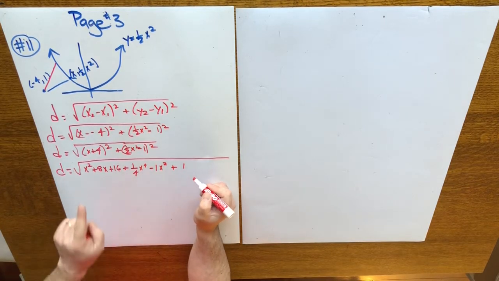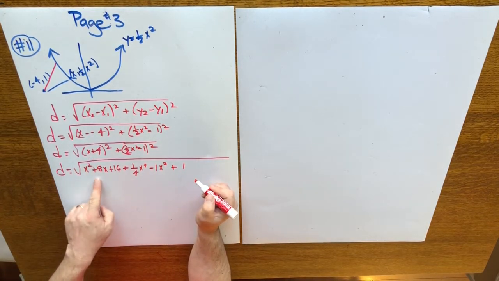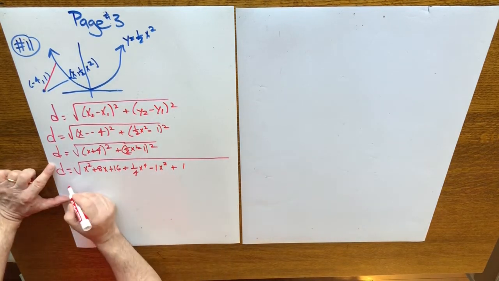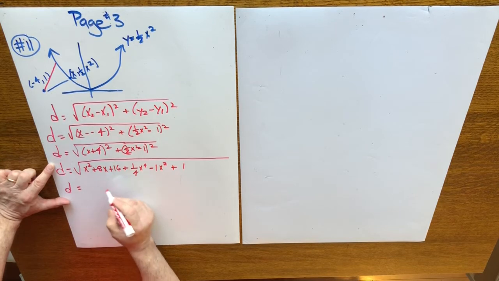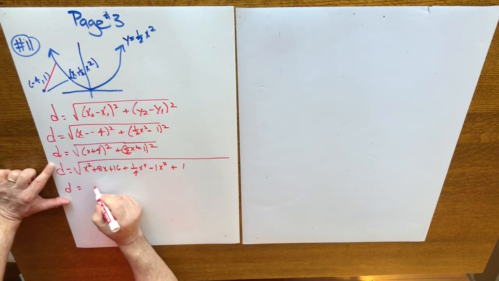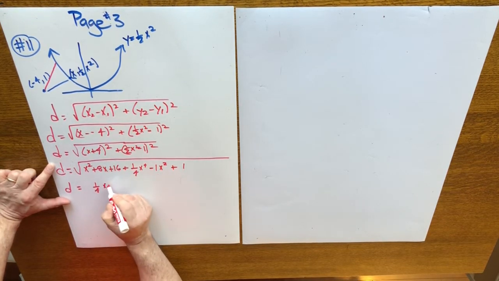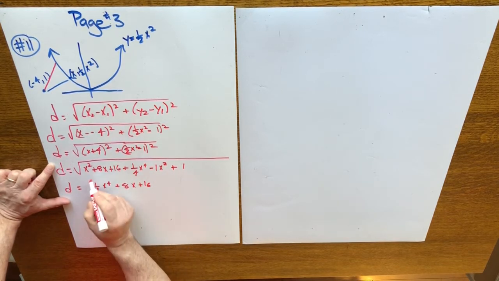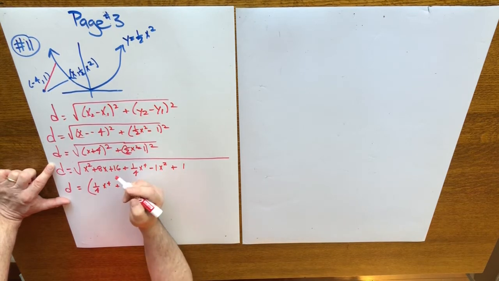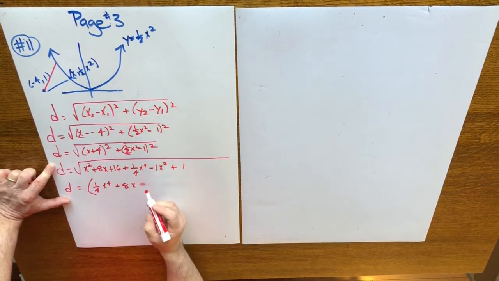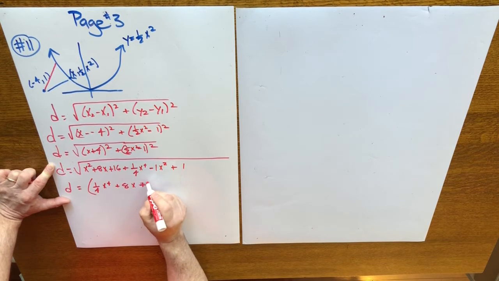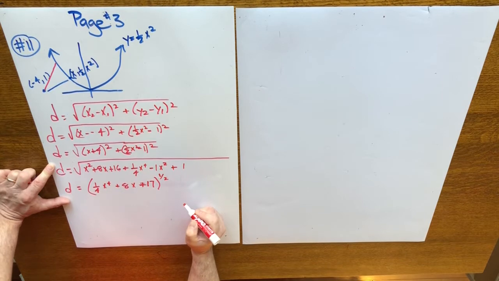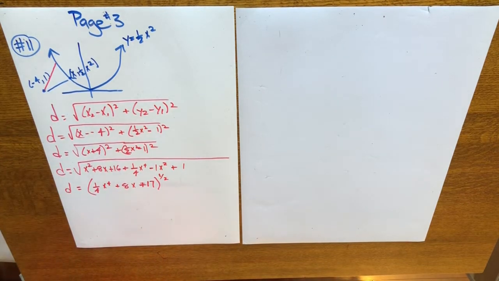So I sang my little song in my head to square this binomial and square this binomial. Now I'm going to rewrite it. X squared minus x squared cancels, so I've got 1/4 x to the 4th plus 8x plus 16 plus 1, which is 17, all to the 1/2. And that's what I'm going to take the derivative of.